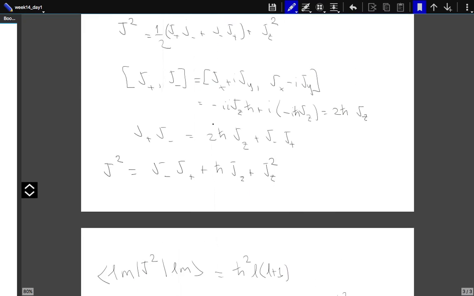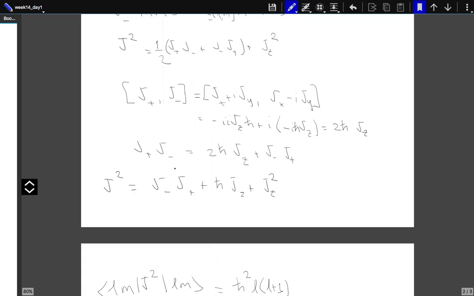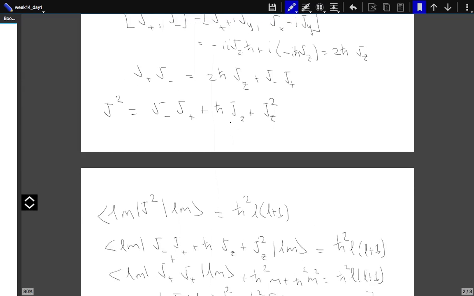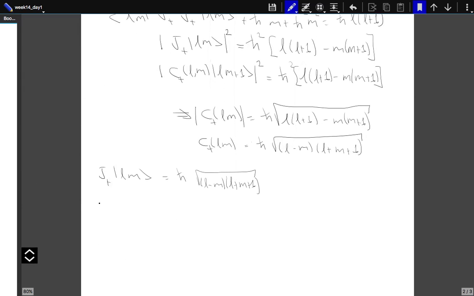Well, J minus you can basically do the same thing. The only difference in this derivation is that instead of writing J minus J plus in terms of J plus J minus, you just write J plus J minus in terms of J minus J plus. You just repeat exactly the same derivation.